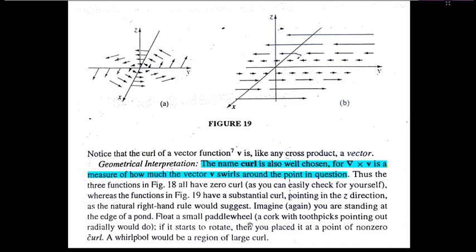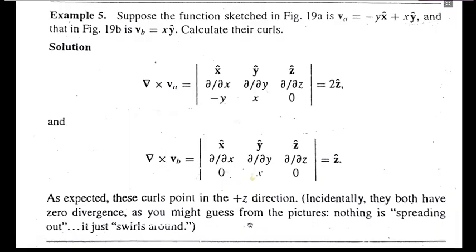Naturally each paddle will produce a disturbance in the pond and ripples will develop. If it starts to rotate, then you have placed it at a point of non-zero curl. A whirlpool would be a region of large curl. And curl can be measured in this way.